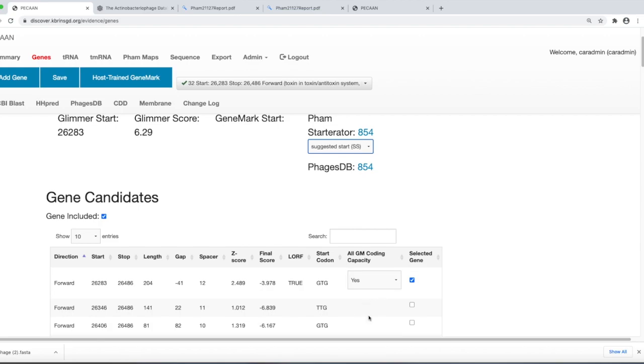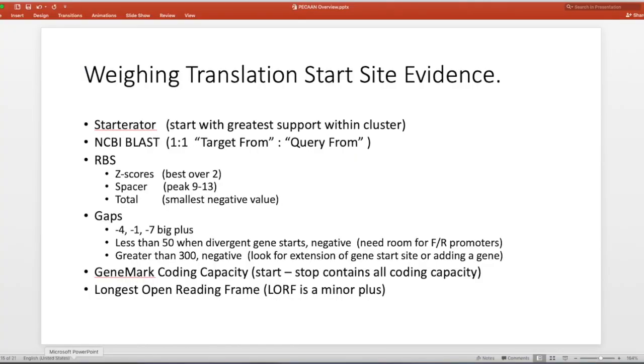There's three big minuses for this one. Only one little minus for the large gap, overlapping gap. So this comes out on top, obviously. And that summarizes how you would pull all of the information together to come up with your final choice as far as a start site.